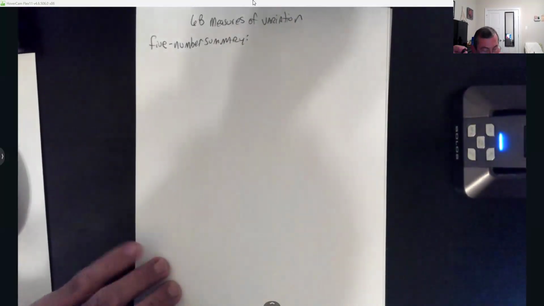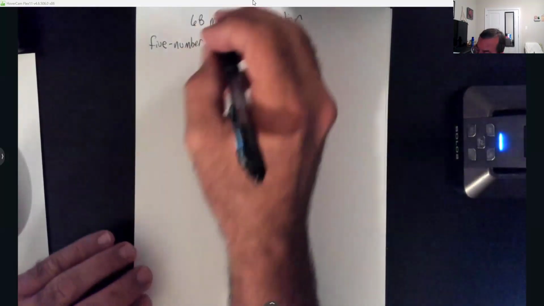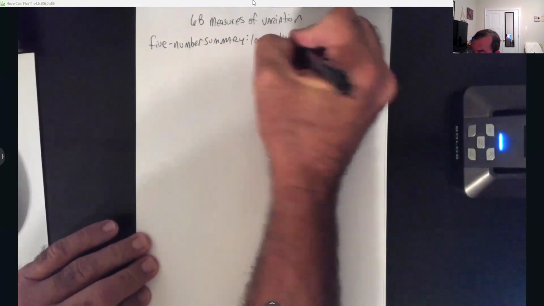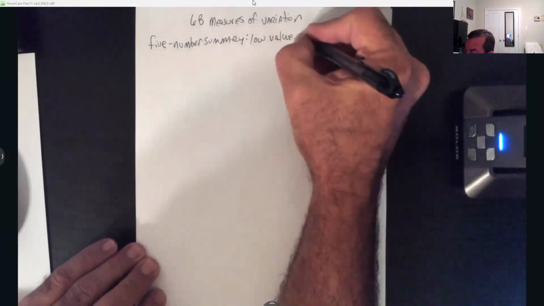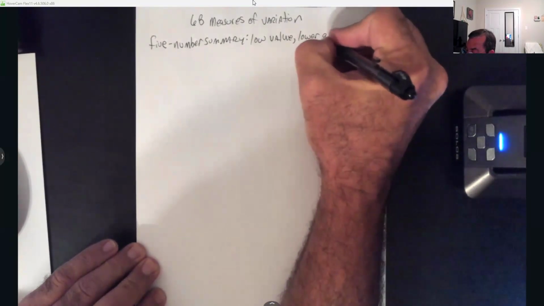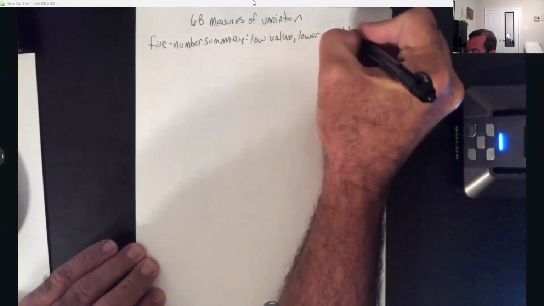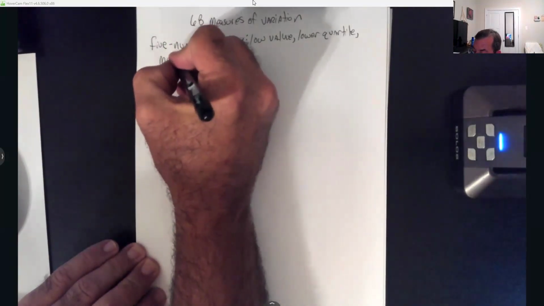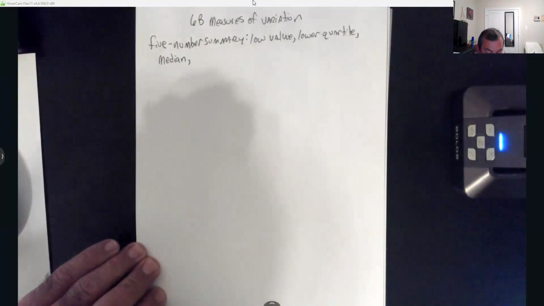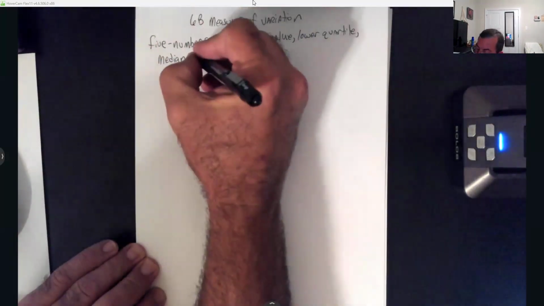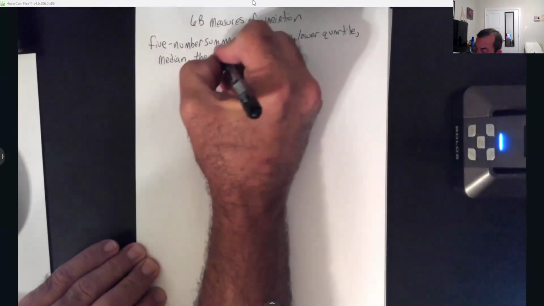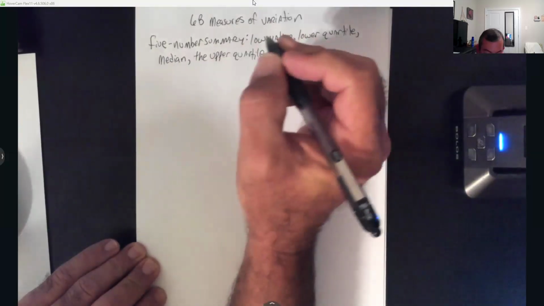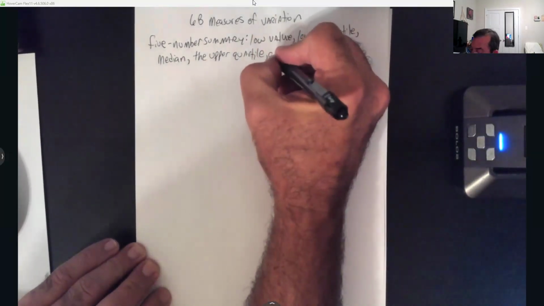So y'all, when we look at the 5-number summary, we're looking at the low value of the data, the lower quartile, the median, the upper quartile, and the high value.